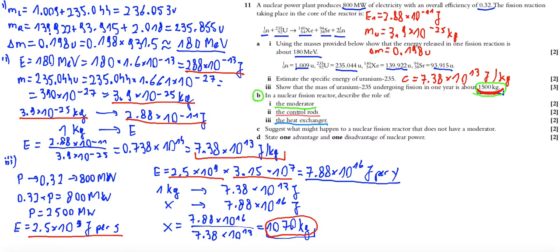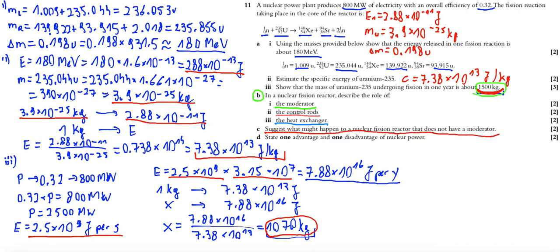So it converts heat from the liquid which cools down the reactor to the liquid which goes outside the reactor and is converted into steam.